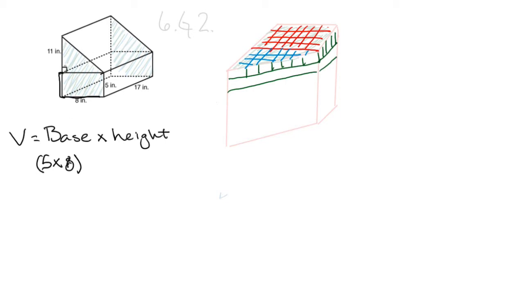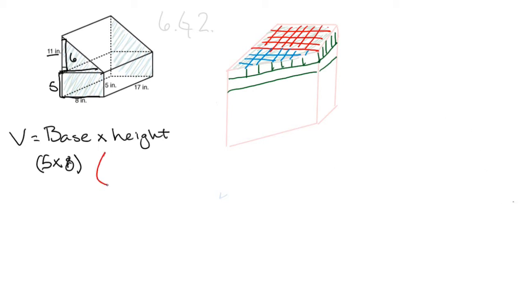The triangle part is going to have the remaining height. So if this part is 5, the remaining part here is going to be 6, because 5 plus 6 equals the total of 11. So the triangle has a width of 6, and the length of the triangle is still 8, so 6 times 8, and we're going to divide that by 2. This is the triangle.